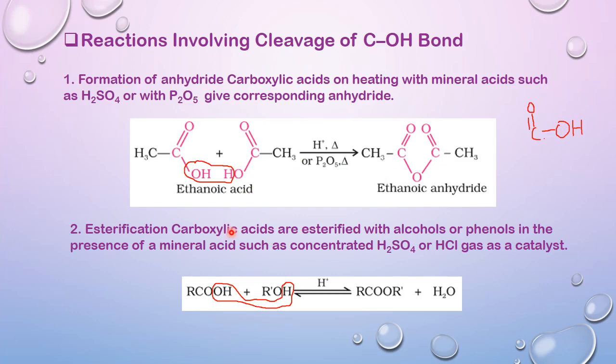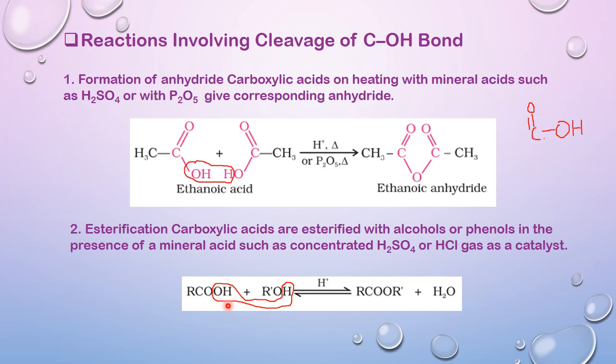Next, esterification reactions. This we have learnt in our previous chapter also, which shows the chemical properties of alcohol in the cleavage of the R–OH bond. So here the cleavage, we are talking about the carboxylic acid, is shown in between C and OH.